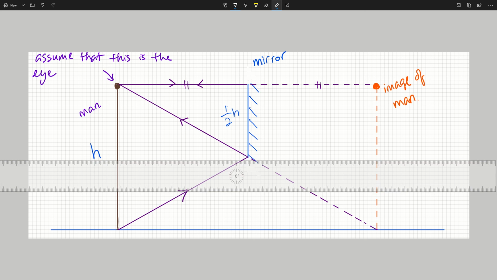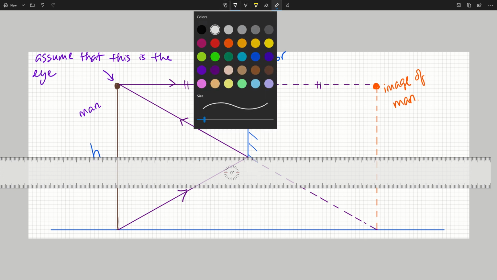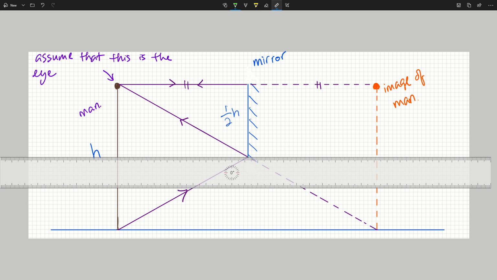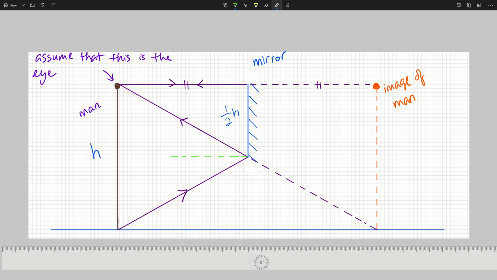So for a start, I have to locate the point at which the incident ray and the reflected ray meet, and I need to draw a normal. The reason for drawing the normal is I need to find my angle of incidence and my angle of reflection. If they are equal, there's a very high chance that my diagram is quite accurate.